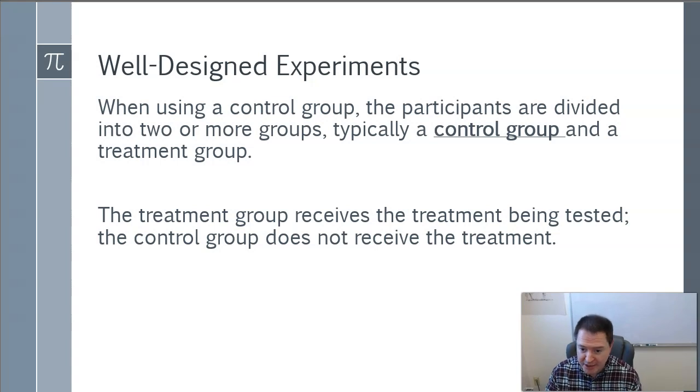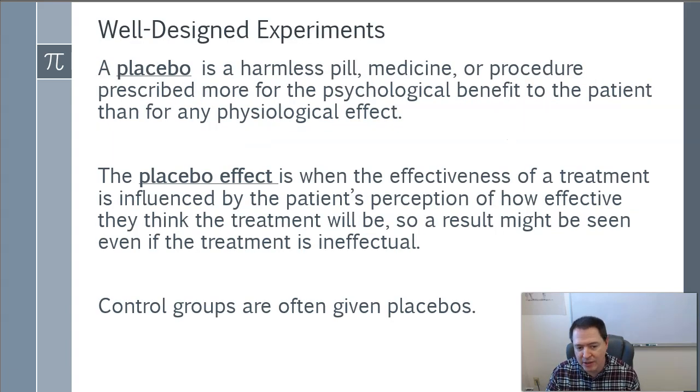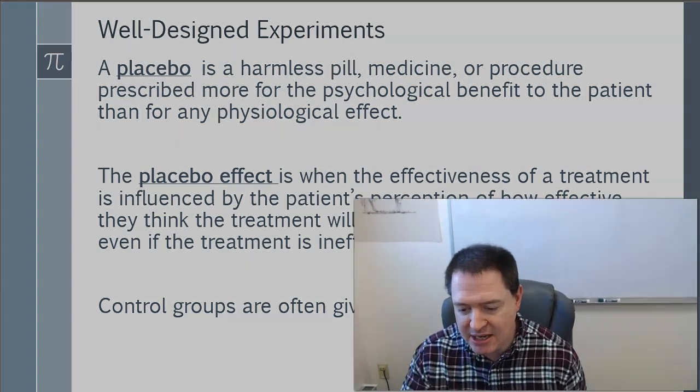So a good experiment should, at the minimum, have a control group. And when we're working on living things, we tend to really want a placebo specifically. So the individuals in the control group tend to get a placebo.